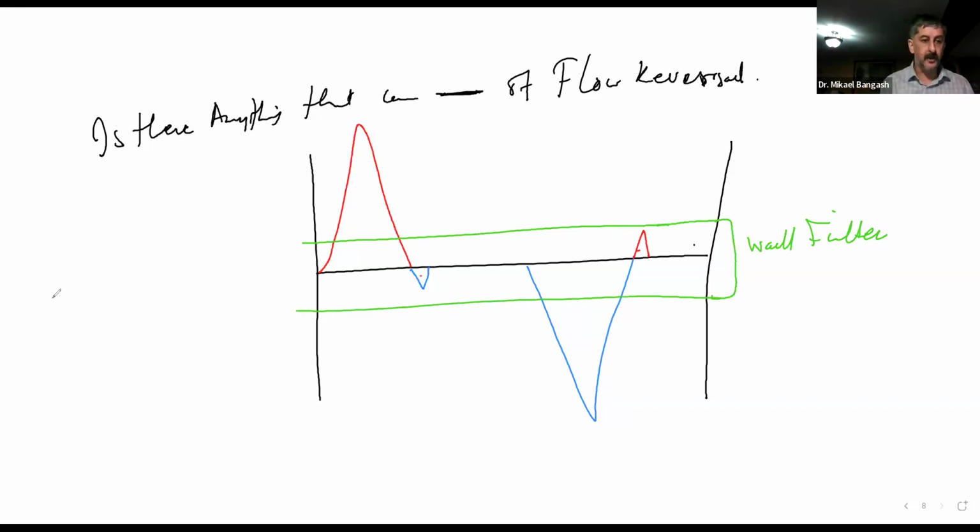So what you will be left with after applying the wall filter is just this if you had a positive Doppler shift, and this if you had a negative Doppler shift.